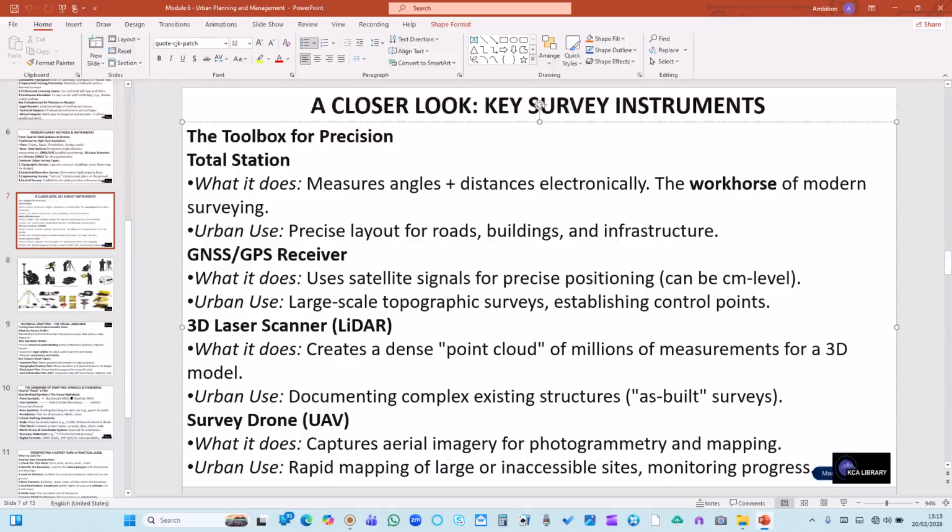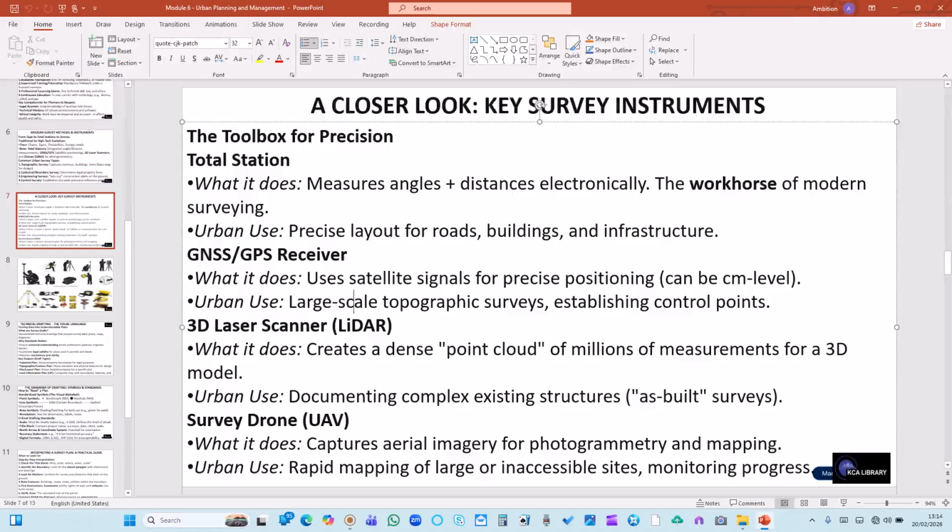Another measuring instrument is the 3D laser scanner, the LiDAR. It creates a dense point cloud of millions of measurements for a 3D model. Its urban use includes the documentation of complex existing structures as as-built surveys.